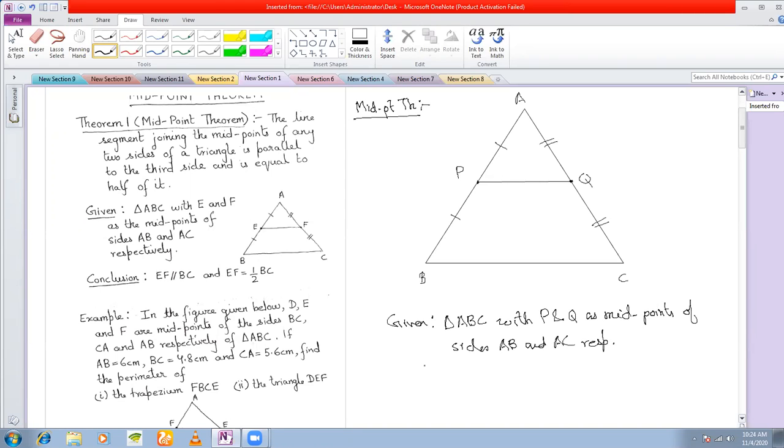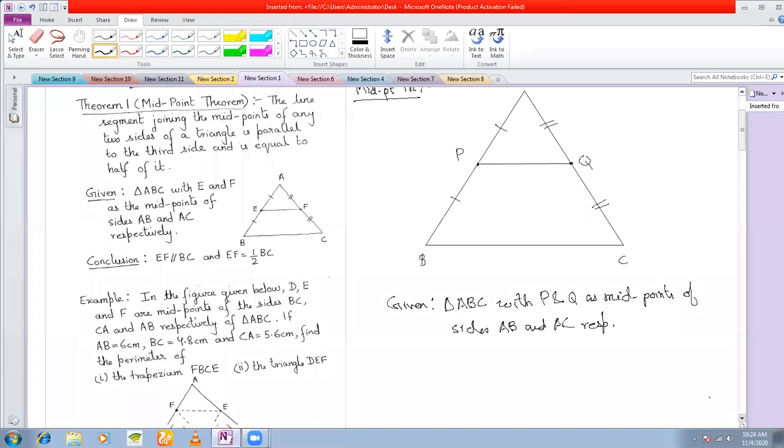You need to have a very good look at what is given. Triangle ABC is given, P is the midpoint of AB, Q is the midpoint of AC. If these things are given, then what can you conclude from the midpoint theorem?